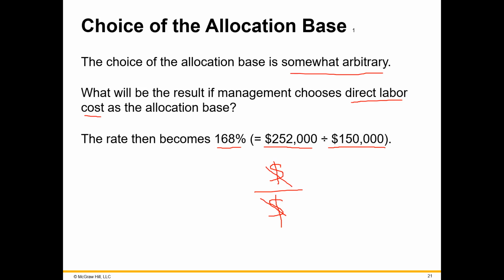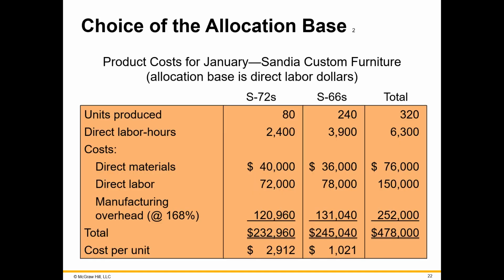Here's what the table looks like if we allocated manufacturing overhead based on a percentage of direct labor cost instead of direct labor hours. So our direct materials is the same amount, direct labor is the same as well. Manufacturing overhead is going to be calculated by taking direct labor cost, $72,000, times 168%.